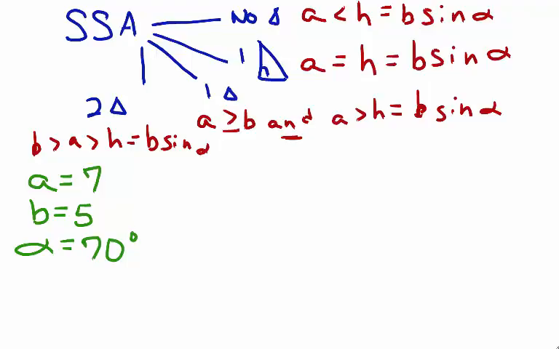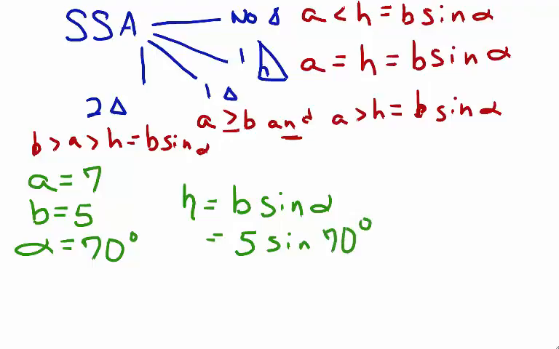In order to establish the relationship between our sides and our triangle's height, we'll use the formula H equals side B times sine of alpha, which is equal to 5 sine of 70 degrees.